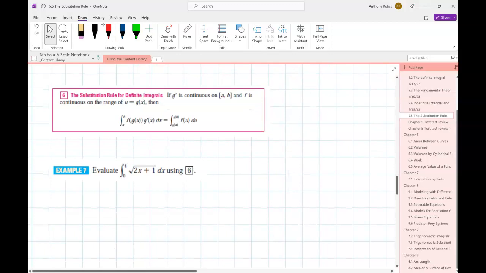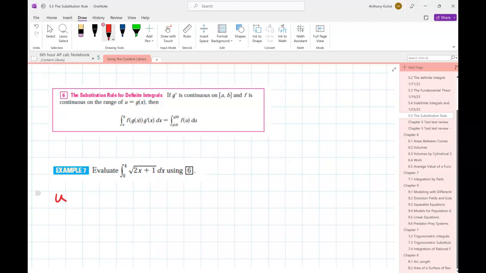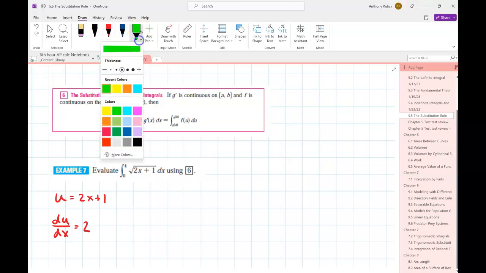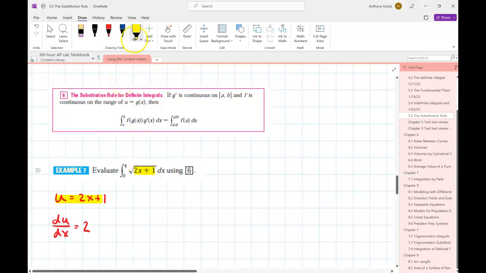So again, we're going to start with our typical u substitution. What would the u in this case be? 2x plus 1. Excellent. And du dx then should be 2. If I look in this problem, the u I have covered.